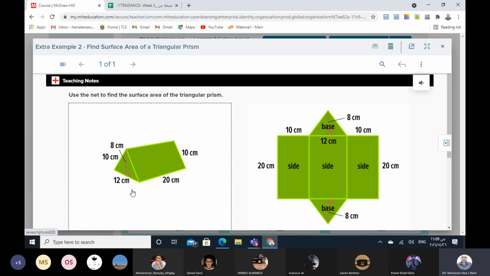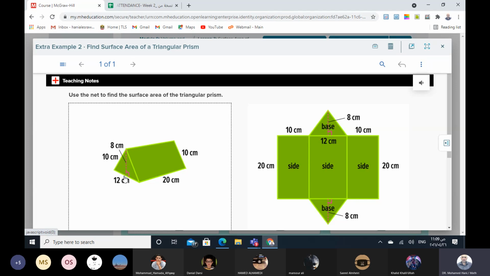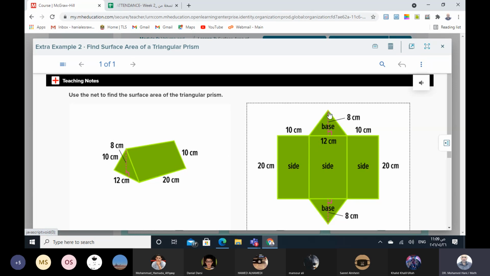At first, draw the net. Start from the bottom rectangle, draw here a rectangle. Then draw the two congruent bases, the first base, second base.